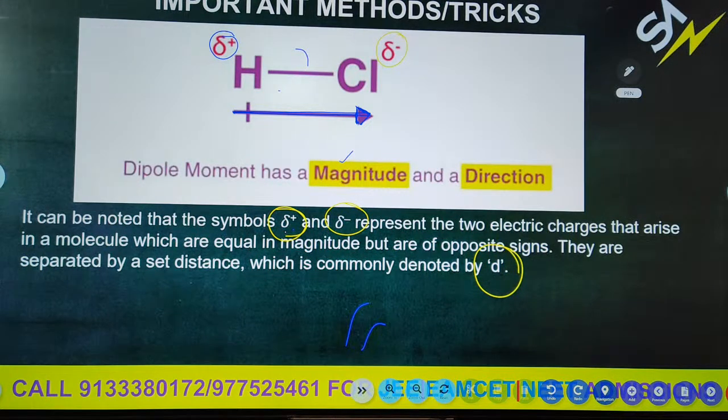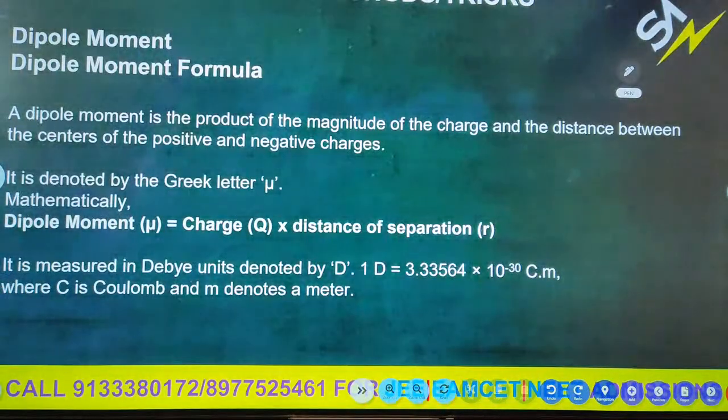Then we go to the next one. What is the next one now? Next is the dipole moment and its formula. A dipole moment is the product of the magnitude of the charge and the distance between the centers of the positive and negative charges in a molecule like HCl.